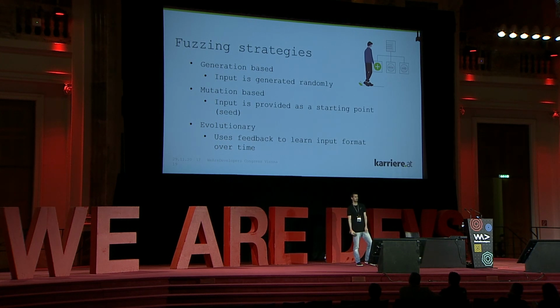The mutation-based approach is more efficient. Here we have to provide an input as a starting point. If you're taking the example of the JSON parser, we could simply provide a JSON file, for example, a JSON file with some strings, some numbers, some arrays, some objects in it. We provide this seed, as it's called, to the fuzzer, and the fuzzer will take this seed, mutate it, and then feed it to our software in order to cause bugs and crash it.